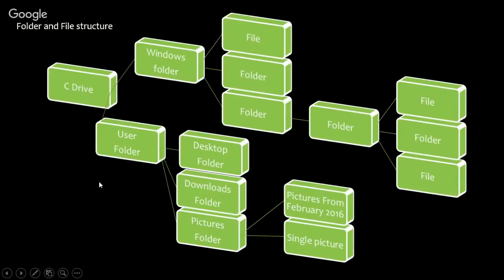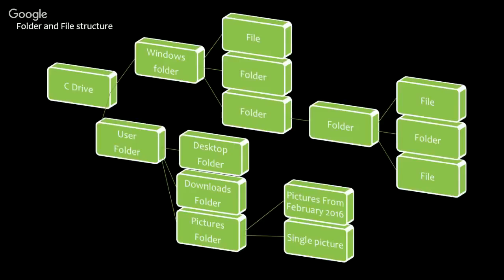All right, so now we're going to go into the most complicated part of this class, which is the folder and file structure. So on your computer, if you think of the hard drive as your storage, you have a family tree basically coming off of that hard drive, starting with the C drive.